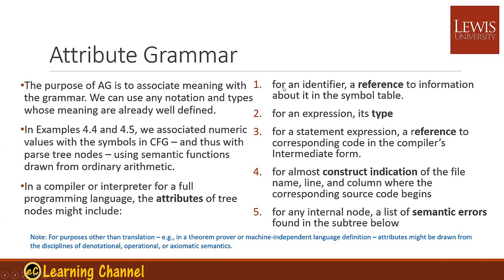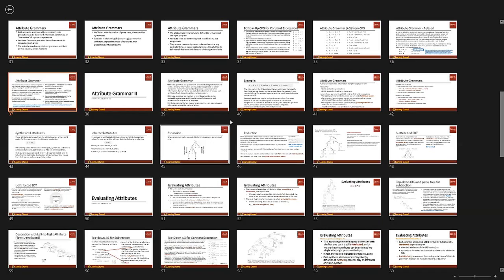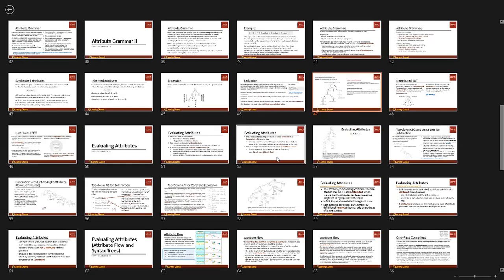So here guideline for identifying a reference to information in the symbol tree. For expression is type. Here it shows you different things. But the guideline here, let me see, 4.4, 4.5.